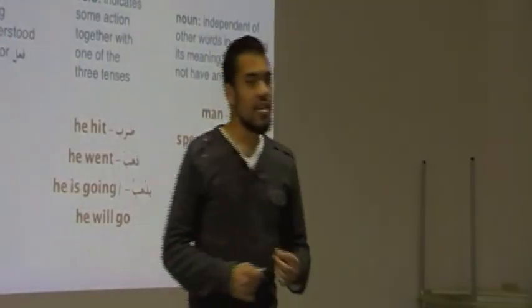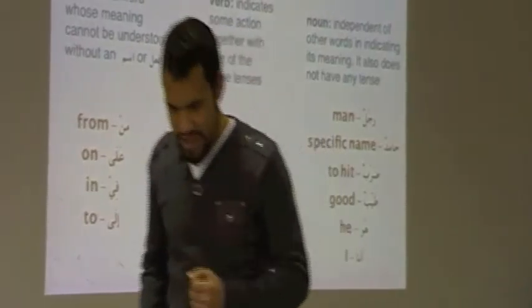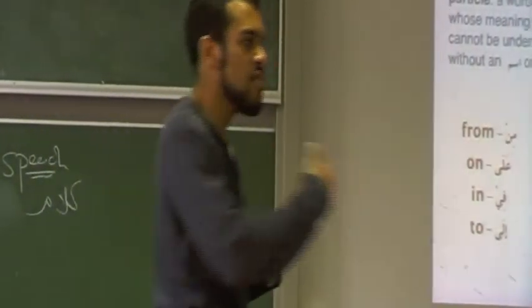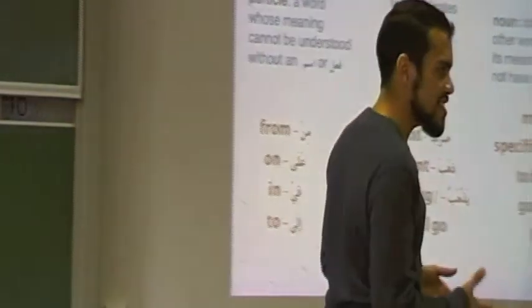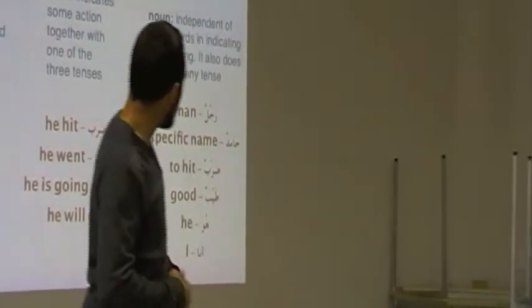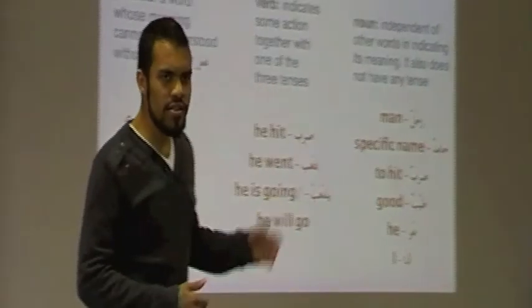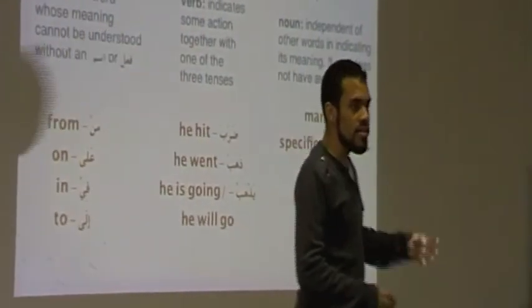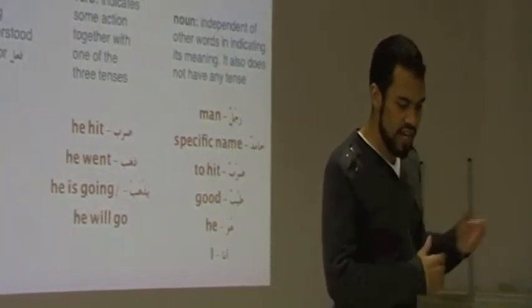Tayyibun. Tayyibun is a noun, and you get subcategories of nouns that are basically just adjectives. Adjectives are nouns that describe other nouns, and I think the proper word would be descriptive nouns. So tayyibun is a descriptive noun or an adjective.